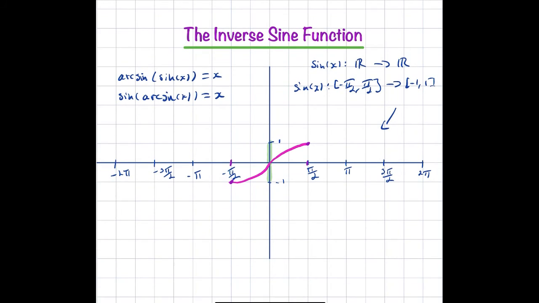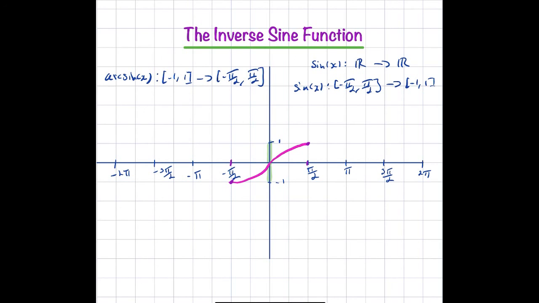This, of course, means, because arc sine is the inverse of sine, and the domain of the inverse is the range of the function, and the range of the inverse is the domain of the function, that arc sine of x is going to go from negative 1 to 1 to negative pi over 2 to pi over 2.